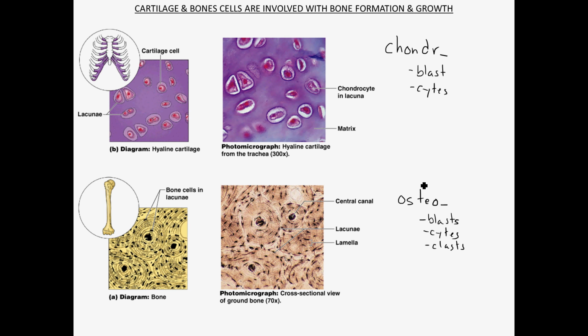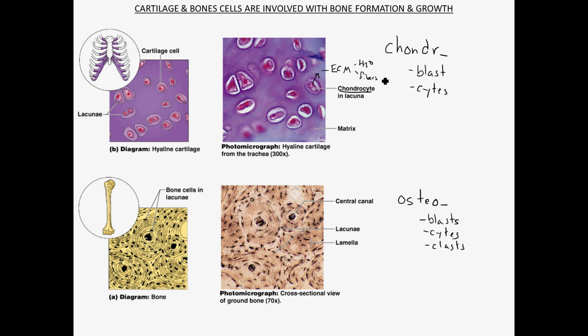I do want to just remind us of what hyaline cartilage looks like. So this is a chondrocyte in a lacuna, and that chondrocyte is, of course, secreting out this extracellular matrix, which is mostly water, and there are very few fibers, right?